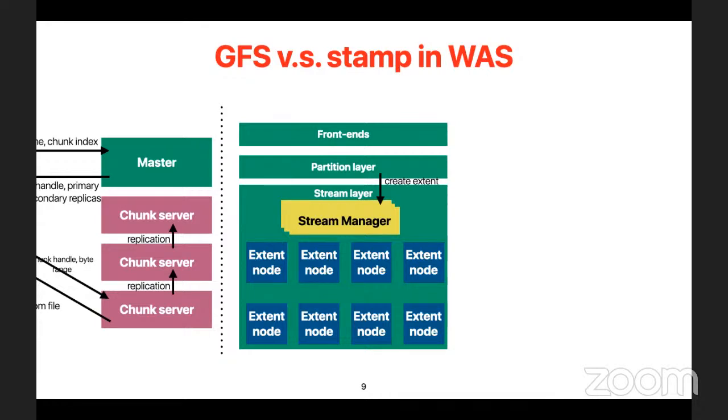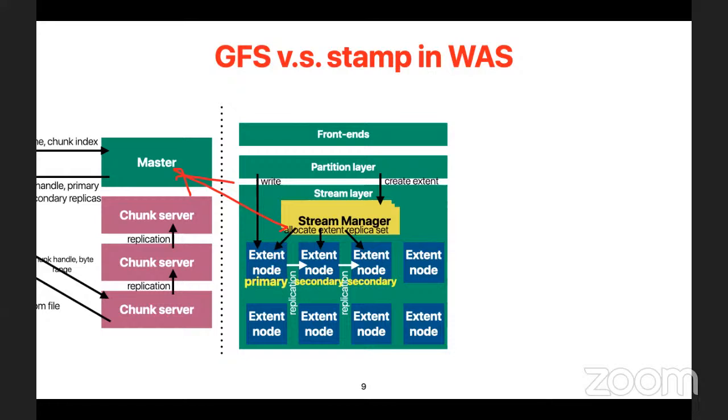When you create an extent, you go to one of the stream managers, and again, this stream manager is like a master, right? One of the instances of the stream manager will tell you where the extent nodes are that you need to update. Once you are done with the update to the primary node, the primary node will forward this data to the secondaries.